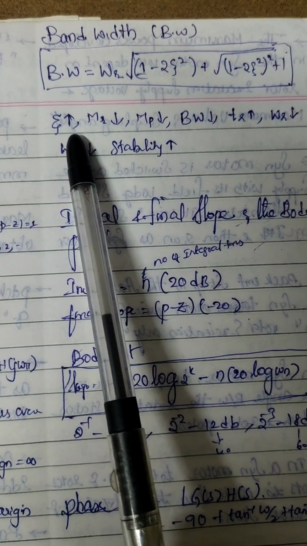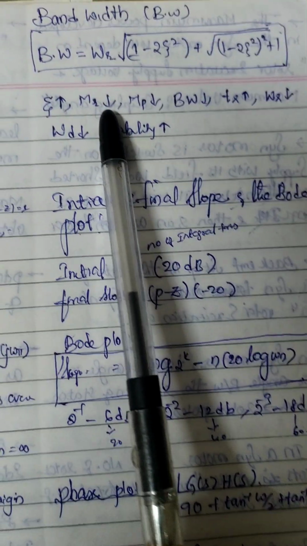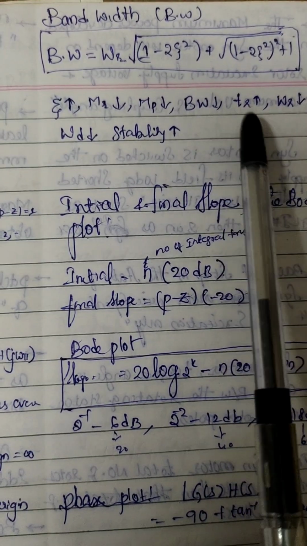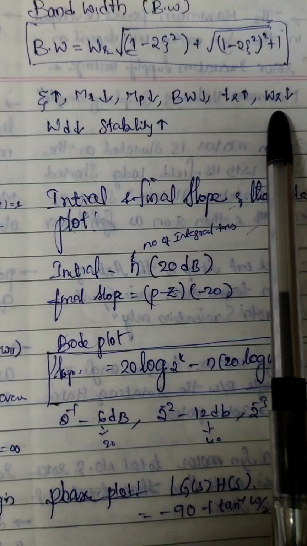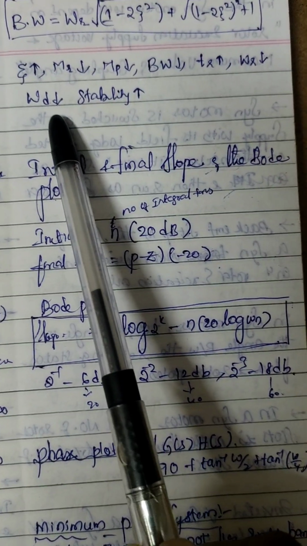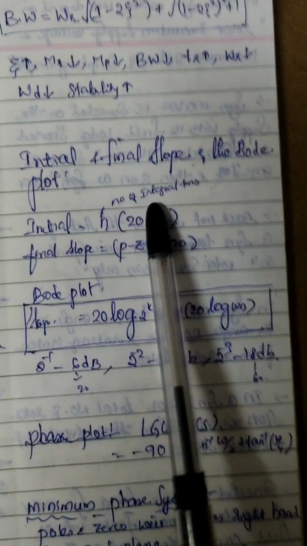Here, as zeta, the damping ratio, increases, the resonant frequency decreases, resonant peak decreases, bandwidth decreases, rise time increases, omega d decreases, and stability increases.